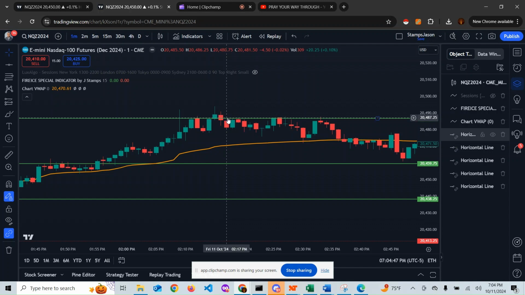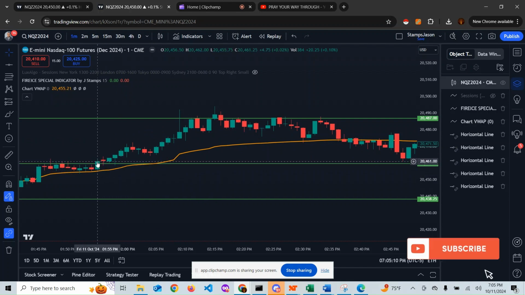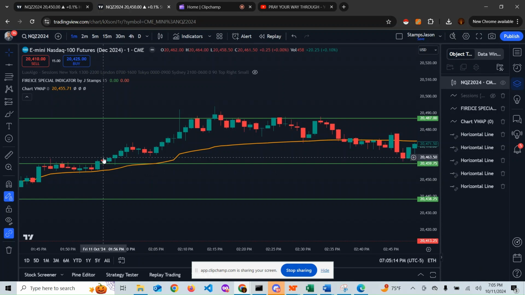It came down and closed back below the resistance line, then chopped around, and then went lower. So anytime you see resistance broken, it may be beneficial to wait for another candle to close above. For example, back here, price broke above what was resistance, the body of the candle closed above, and it went higher.